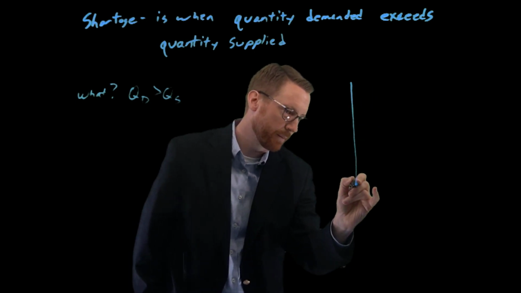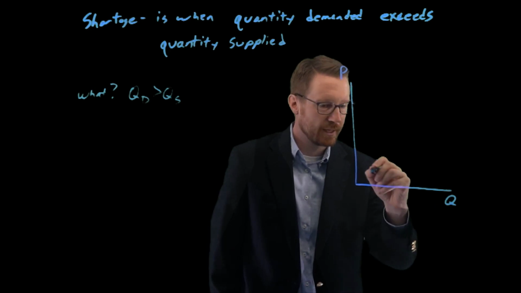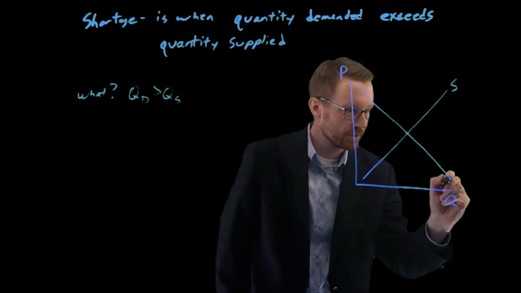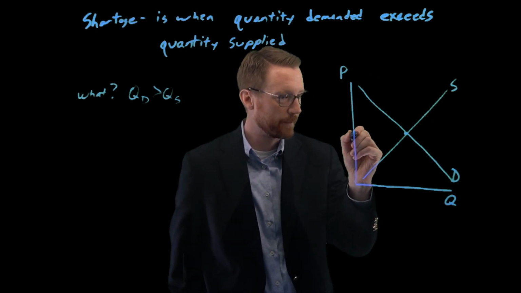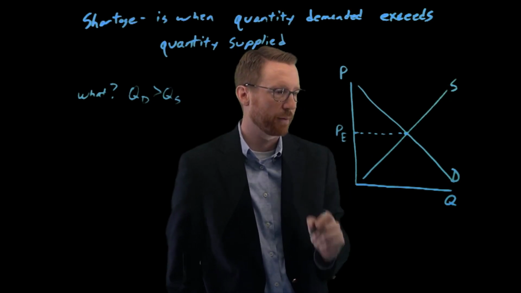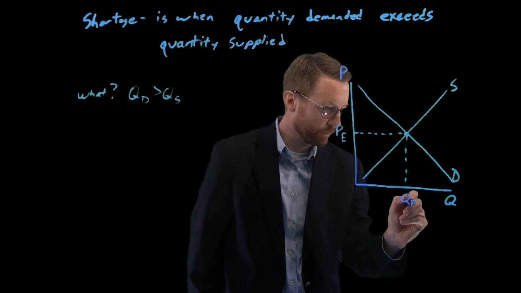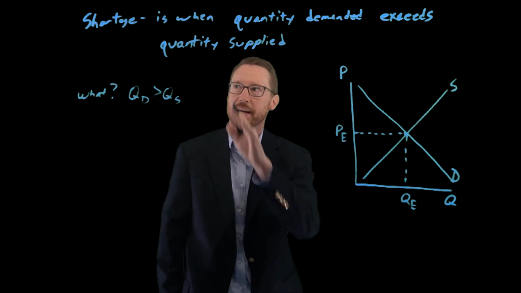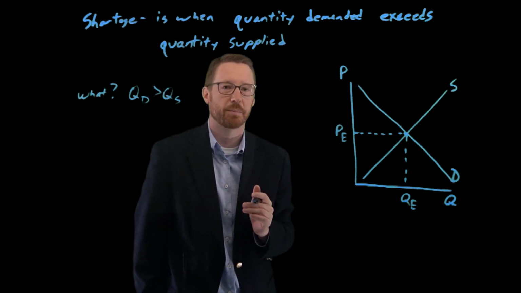If we set one up, we've got price, quantity, we throw in our upward sloping supply curve, a downward sloping demand curve, and let's mark in our equilibrium. We'll call this price our equilibrium price and our equilibrium quantity. So what is a shortage again? That's when the quantity demanded exceeds the quantity supplied.